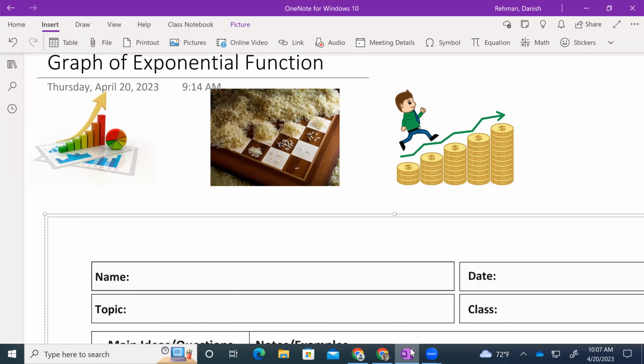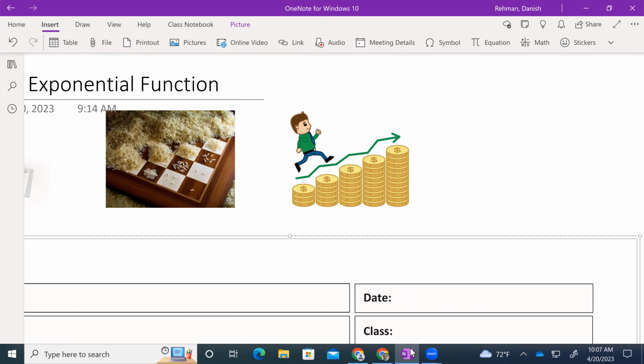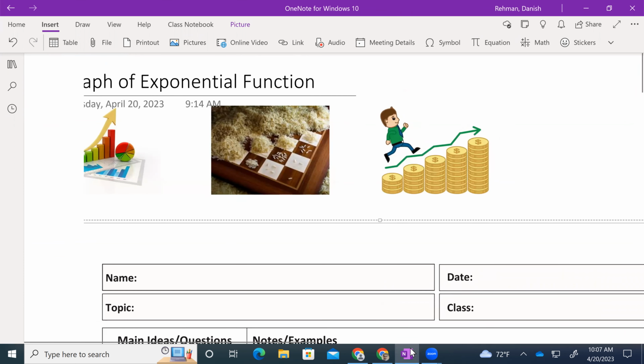That's the reason I have here the chessboard with the grains of rice. In each box, the grains of rice are doubled. Read the story and you will know the reason why it is there. Now we are talking about growth. This guy who's climbing on the financial growth is representing, again, in the real world, exponential functions.